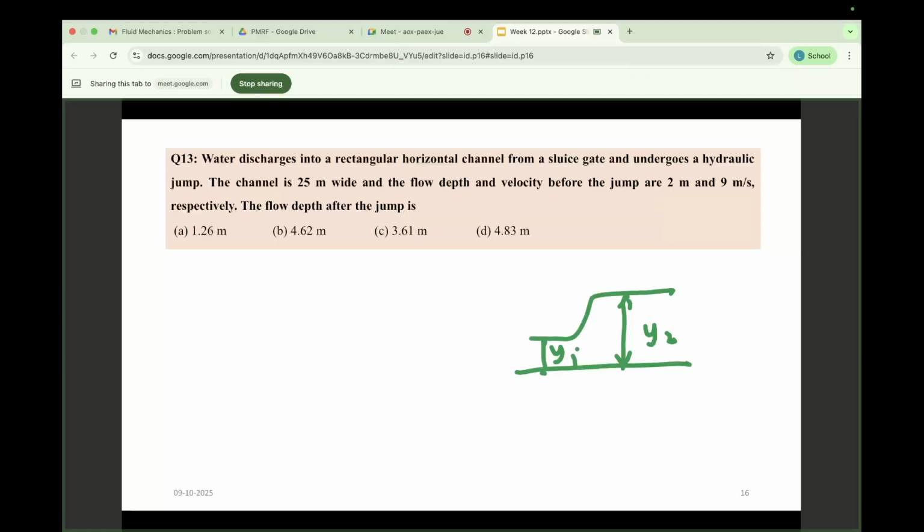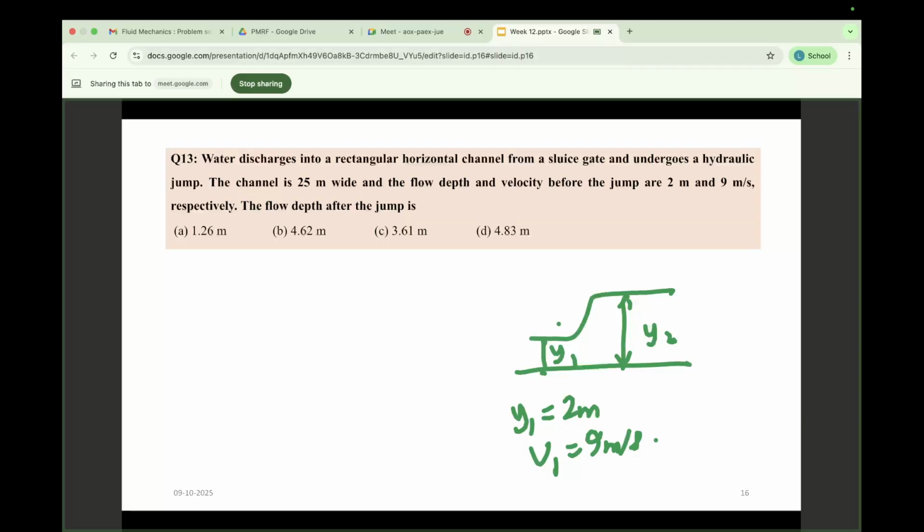So y1 is given as 2 meter and the corresponding velocity v1 is given as 9 meter per second, right? The flow depth after the jump, y2, you need to find out.